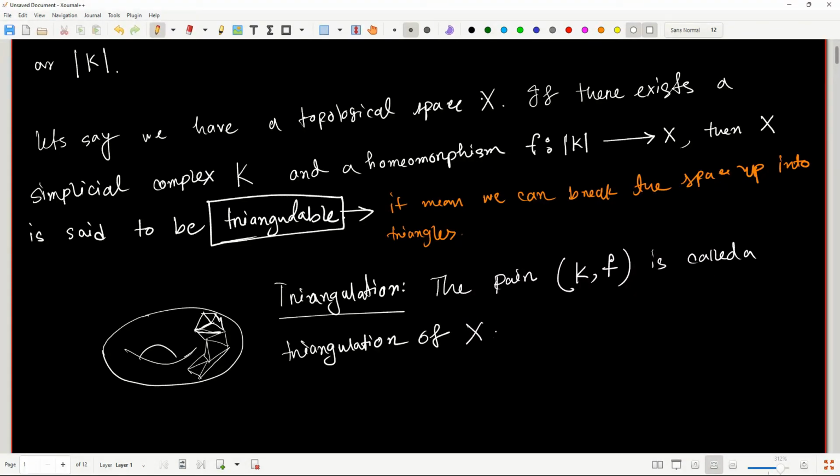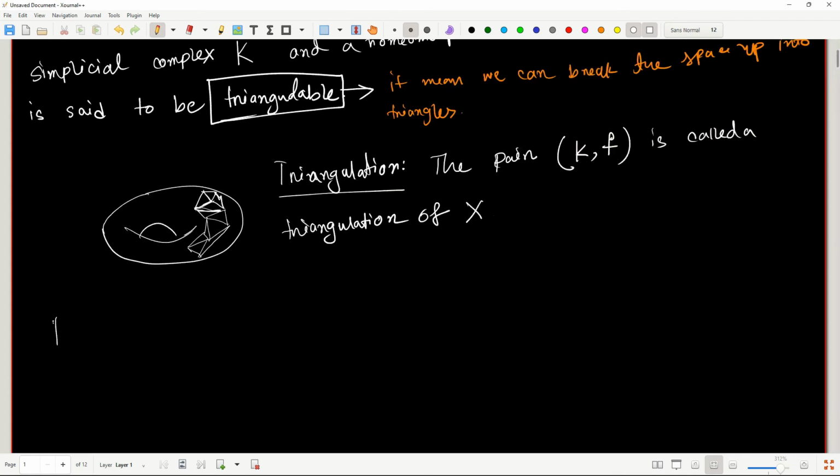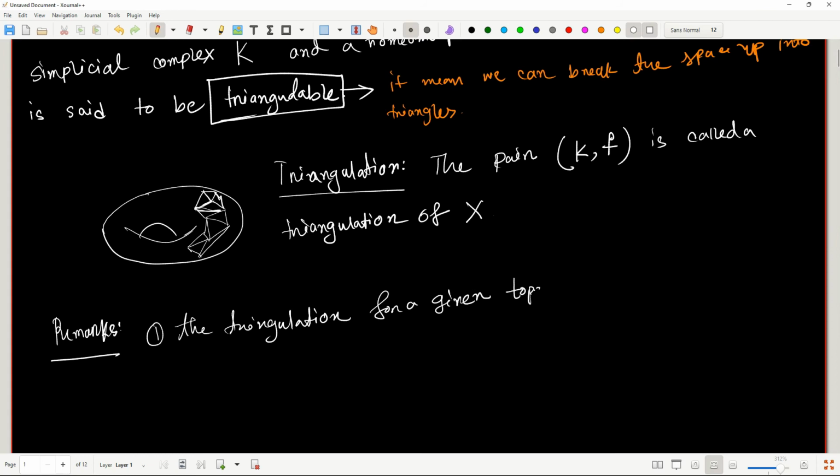Okay, so now we introduce some remarks or comments. The procedure to triangulate a topological space is not unique. So the triangulation for a given topological space is not unique.